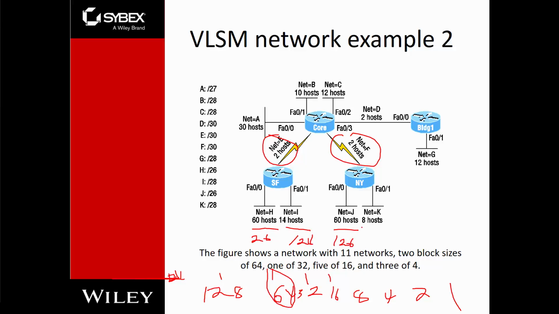For this 8 usable, this is going to be 8 total, so we need to go to that 16. So 24, 25, 26, 27, 28. That'll be a slash 28. For that 12, we're looking again for that 16, so 24, 25, 26, 27, 28.